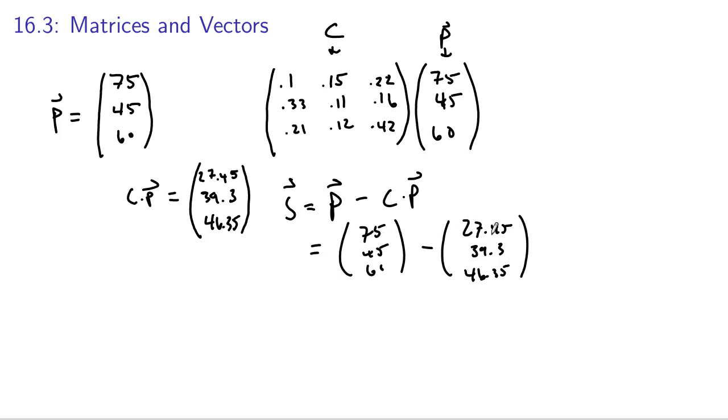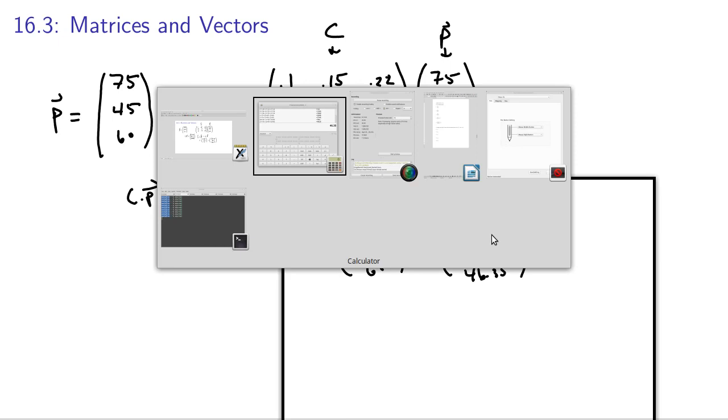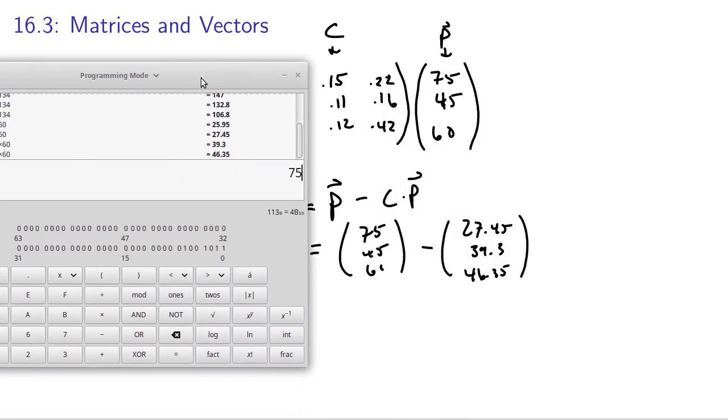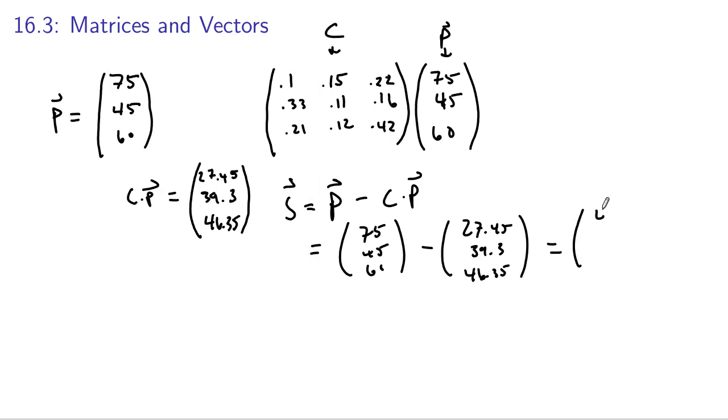We just subtract each element from the other element. So it's straightforward. It's just 75 minus 27.45, 47.55 billion dollars of surplus, I mean.